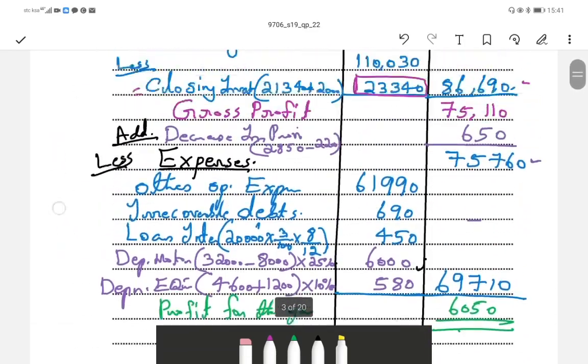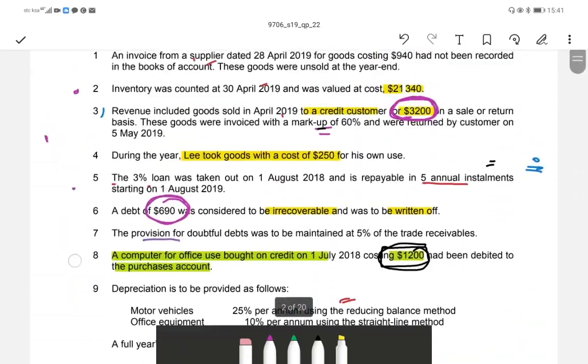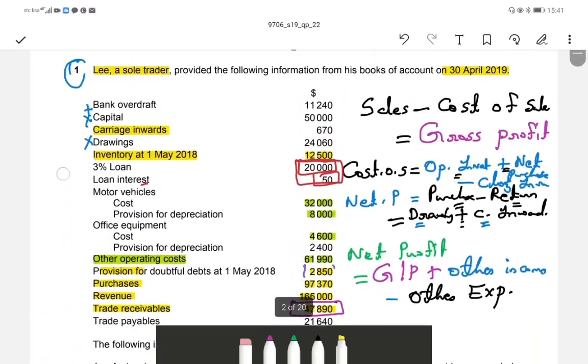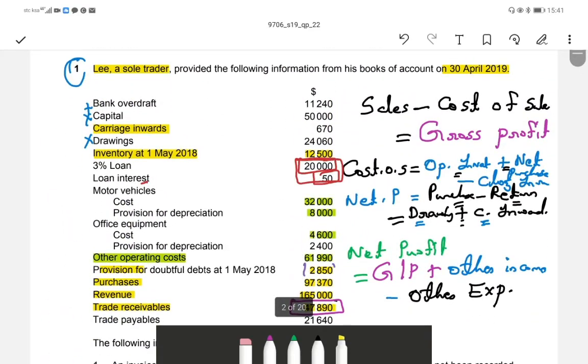First, trade payables. Current liability means trade payables, bank overdraft. These all are our current liabilities. So first one we have our bank overdraft, 11,240.